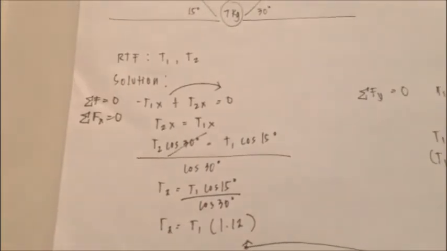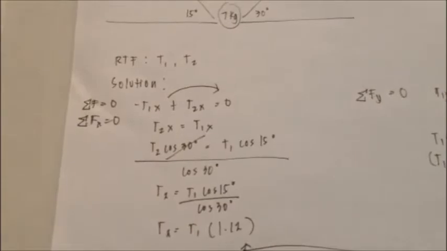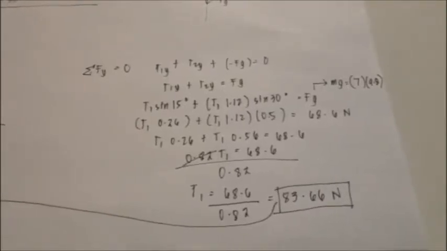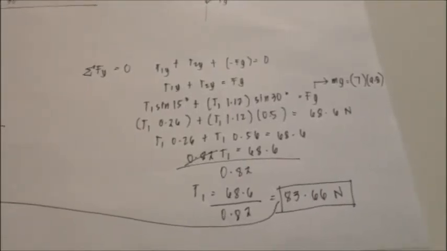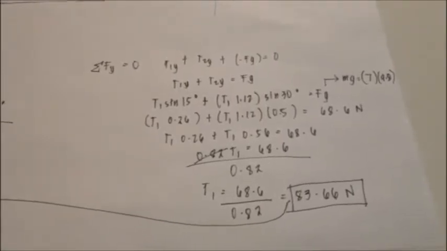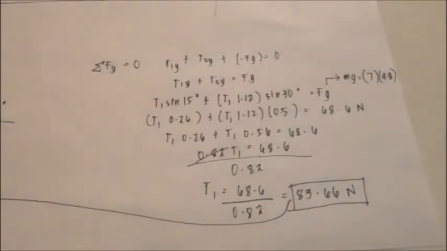So then I proceeded to finding the forces present on the y-axis. So the forces that are present on the y-axis are T1y plus T2y plus negative Fg equals 0. So I transposed negative Fg to the other side. So it now becomes T1y plus T2y equals Fg.